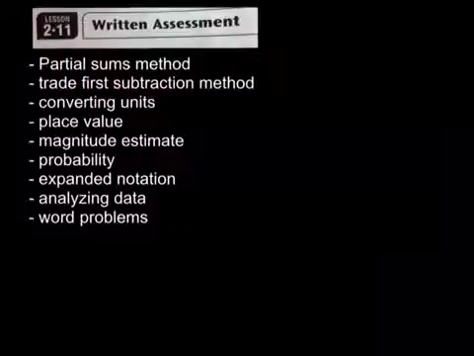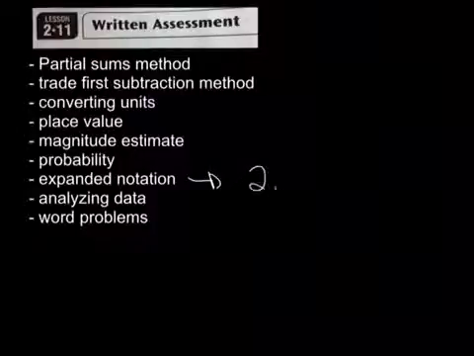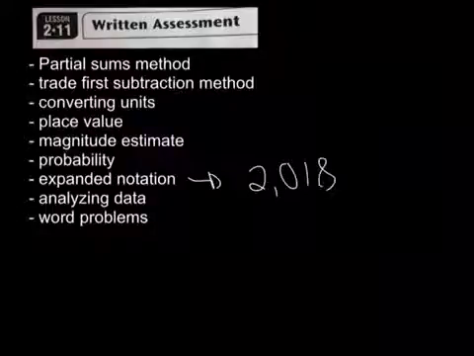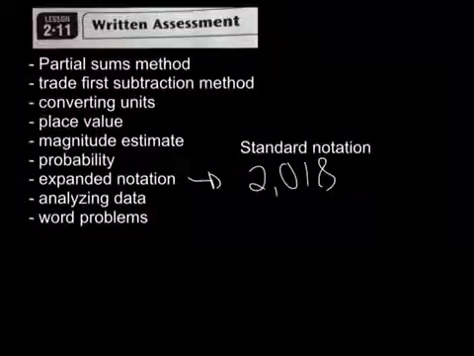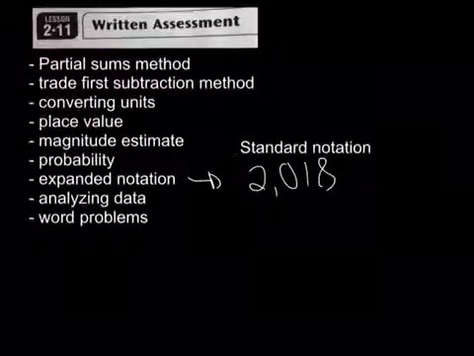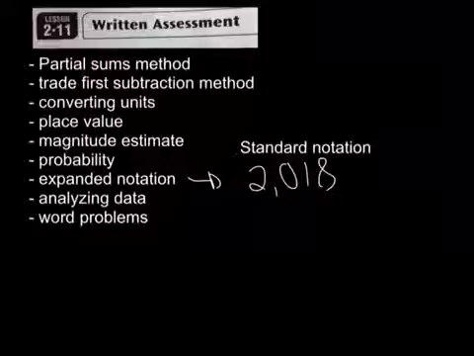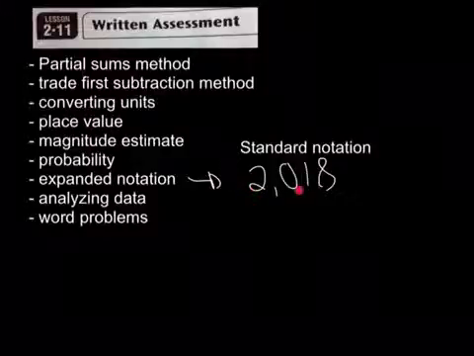Now let's take a look at expanded notation. If I gave you the number 2018, this would be standard notation. But I can write it in expanded notation simply by adding the values.